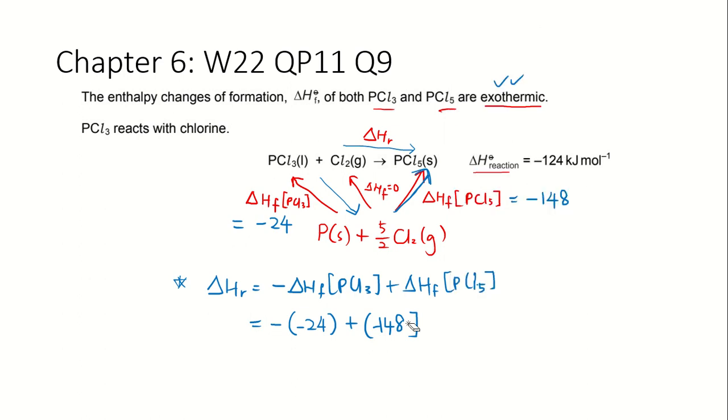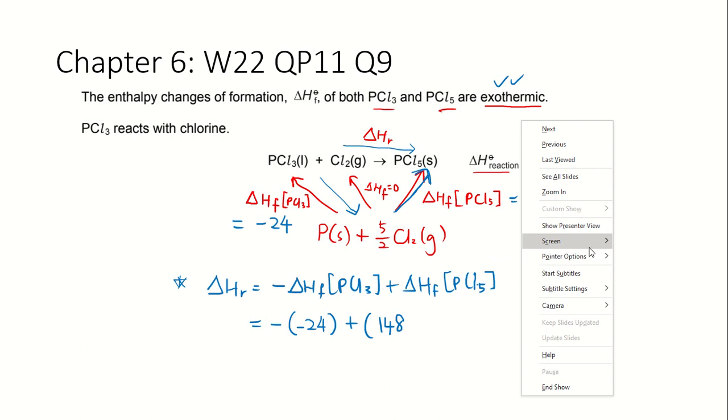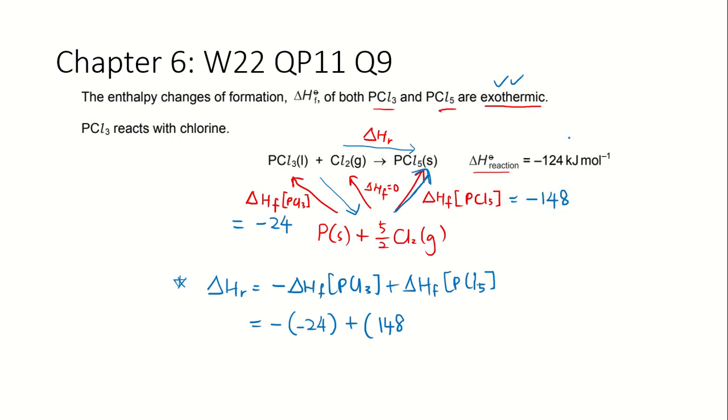Okay, let me erase this and rewrite. So at the end, I get negative 124. In order to get this negative 124, can you see that the enthalpy change of formation of PCl3 should be less negative than the enthalpy change of formation of PCl5, right?